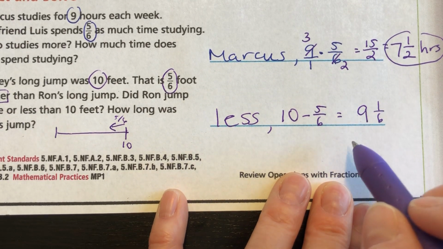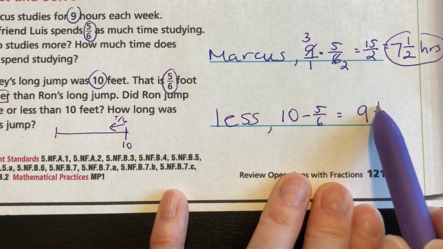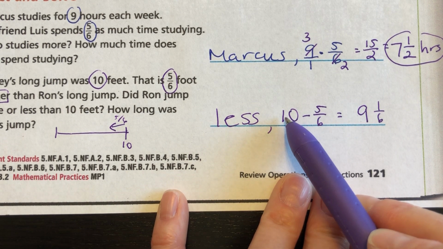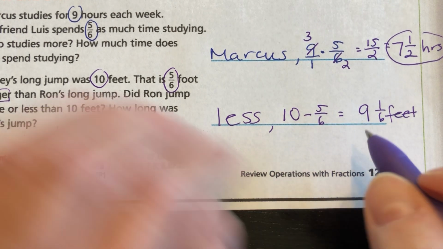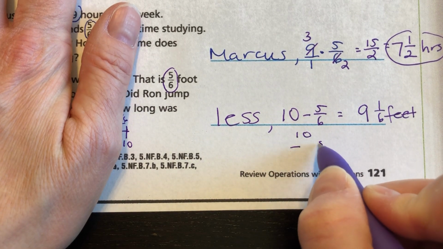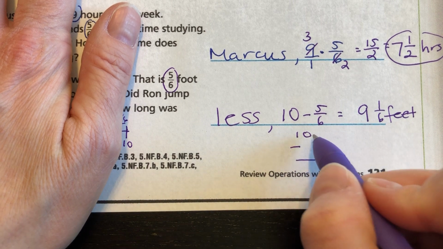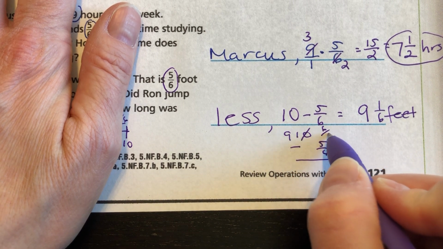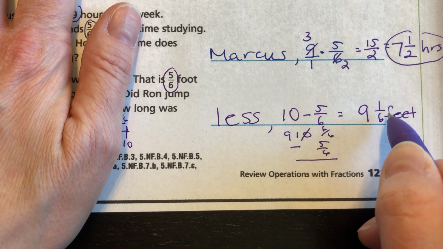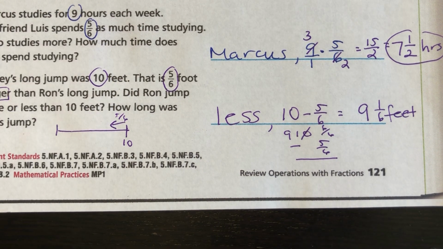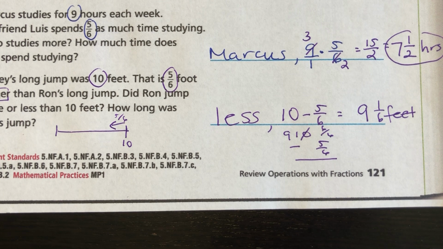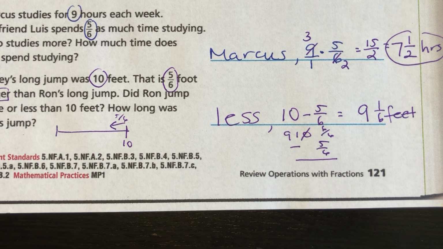So 9 and 1/6 would be our answer. Isn't 9 and 1/6 plus 5/6 10? Yes, so 9 and 1/6 feet. If you wanted to set this up and do 10 minus 5/6, you can. We could borrow from our 10 and make it 9, and we have our 6/6 minus 5/6, which would give us our 1/6, and 9 minus empty box is 9. But all those strategies that we use in our number talks to have just good number sense around it, you are free to use those strategies when we're solving our problems.